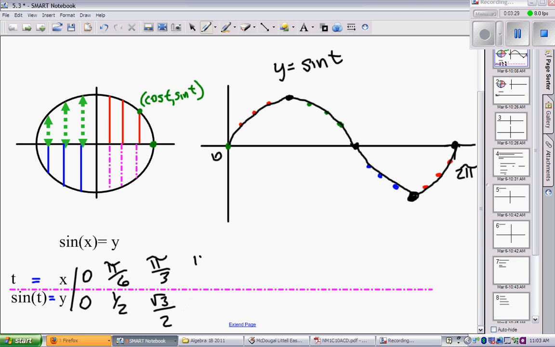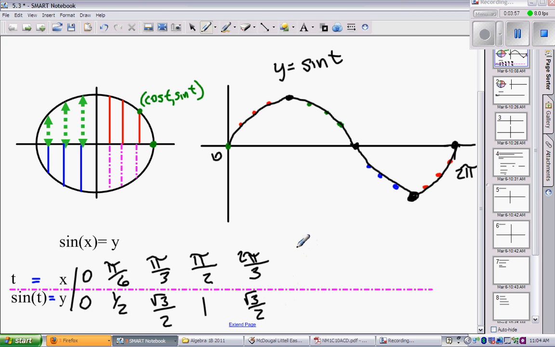Let's go up to pi over 2. You get out 1 for your sine. 2 pi over 3. From the unit circle, you get root 3 over 2. So it's coming back down. They match. So that means the next one needs to give us 1/2 out.